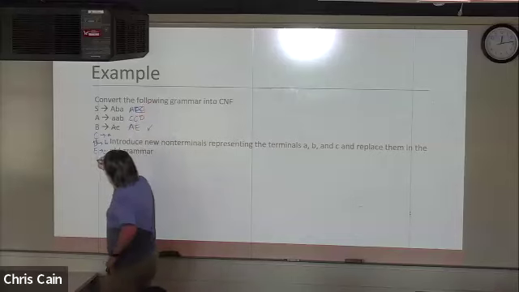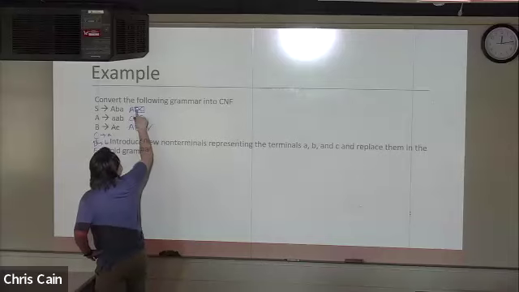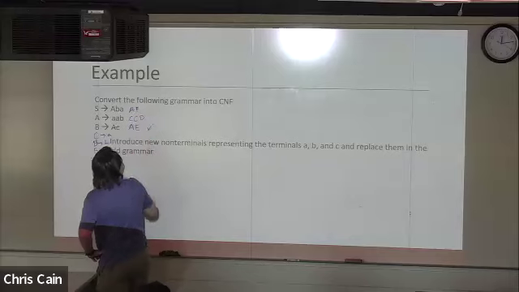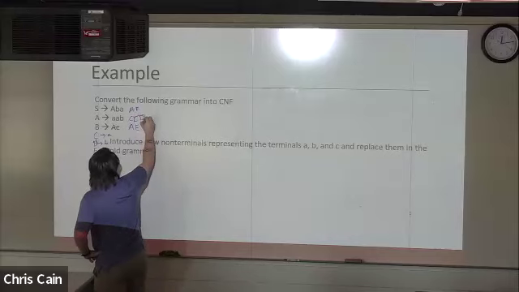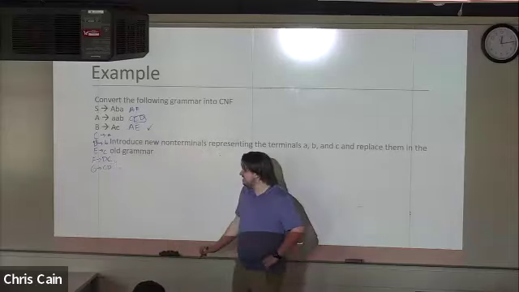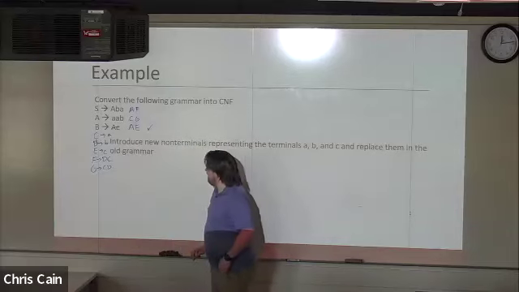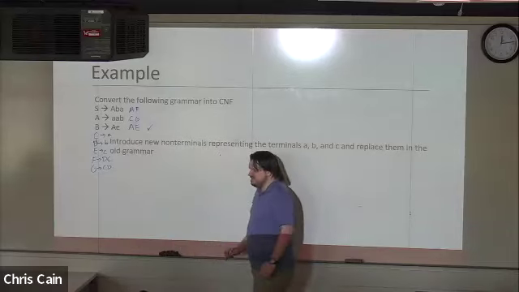So we're going to introduce a new non-terminal that is DC, and we can replace this DC with an F. We need something that represents CD. So we're going to have a non-terminal, and even though these are flipped, it doesn't matter. They're different, they're distinct. So we'll replace this CD with AG. And now we have everything in CNF.